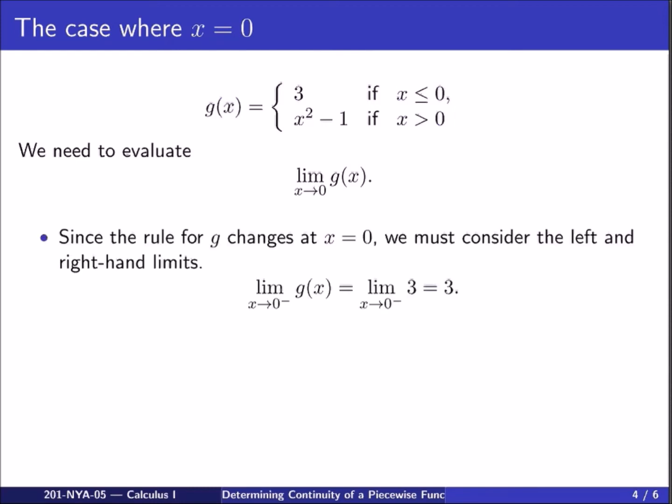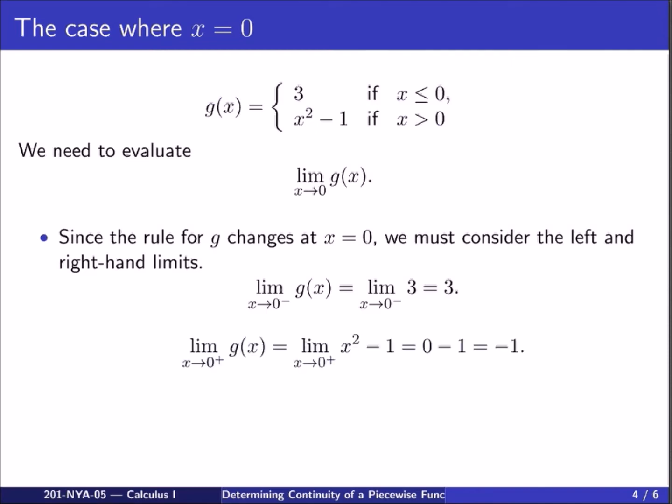As we approach 0 coming from the left, which means when values of x are less than 0, the rule for g is 3, so we get that the limit of g coming from the left of 0 is the limit of 3, and the limit of a constant, in this case 3, is the constant itself, because as x varies, that constant remains the same. So in that case, the limit is 3.